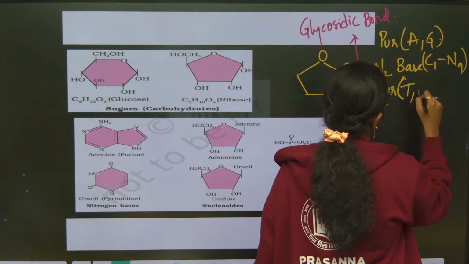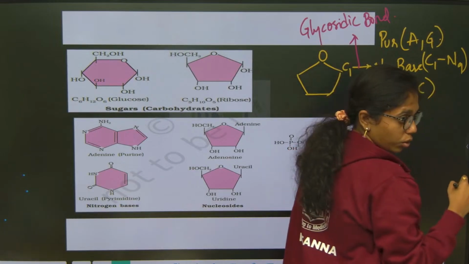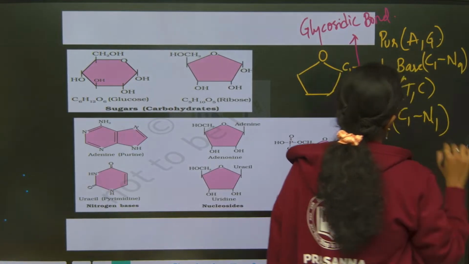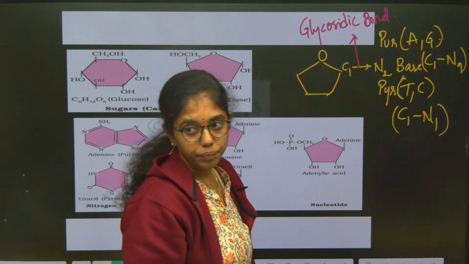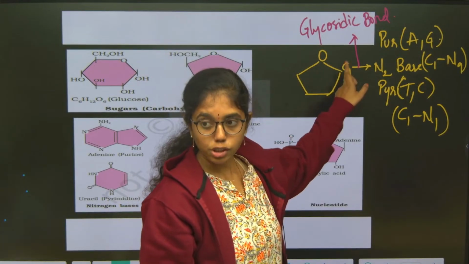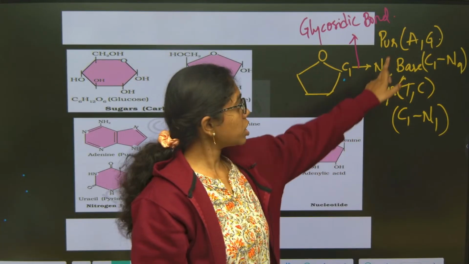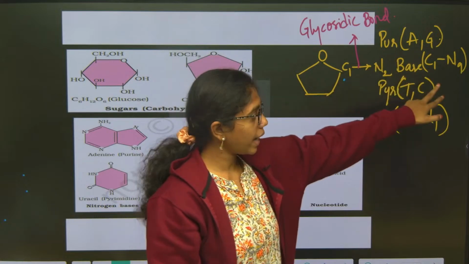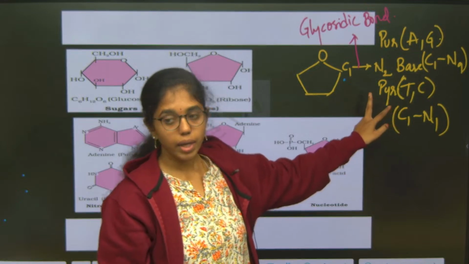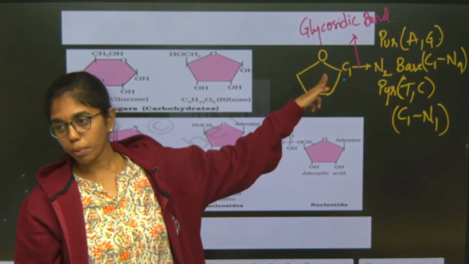Thymine and cytosine. So it will be a C1N1 bond. The first carbon of the sugar is attached to the nitrogen base. If it is a purine, it will be a C1N9 bond. If it is a pyrimidine, it will be a C1N1 bond. That is the N-glycosidic bond.